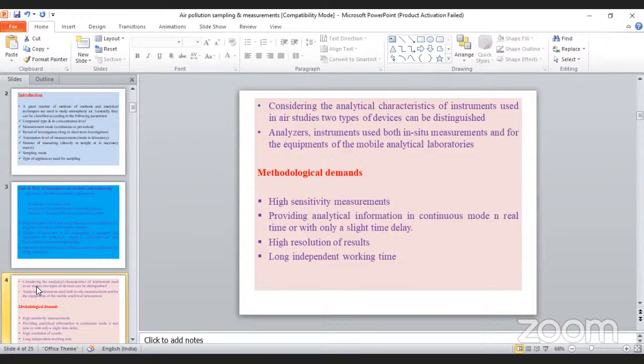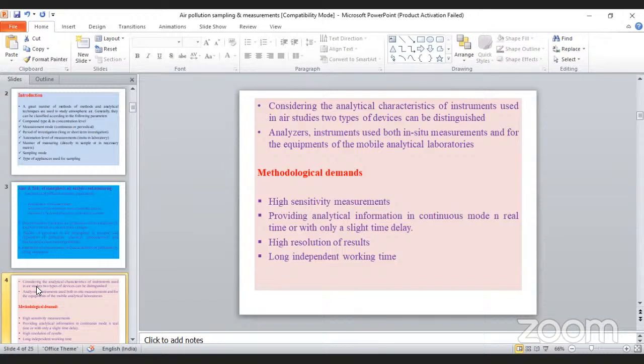And what are the methodological demands and technical demands? These are all based on the prerequisites which we discussed earlier for sampling; we must have an idea of those, and only then can we consider these demand aspects. When we do air sampling, the measurement method we follow is supposed to be highly sensitive, and supposed to provide analytical information in continuous mode and in real time, or with only a slight time delay, which is also okay.